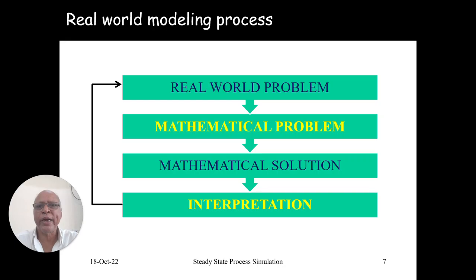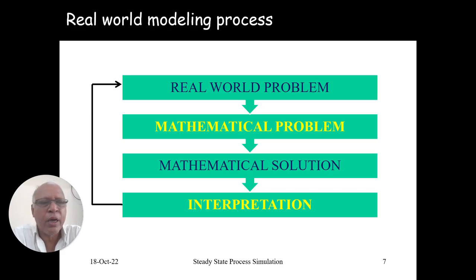So let me go into the next. Typically, if you look at the modeling process, you have a real world problem, something like an operating CSTR. And what do you mean by a mathematical problem? I need to write, using the basic physical and chemical phenomenological laws, mathematical equations representing the conversion as a function of temperature.